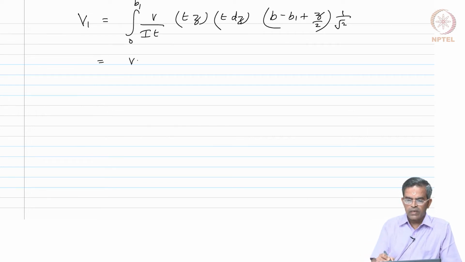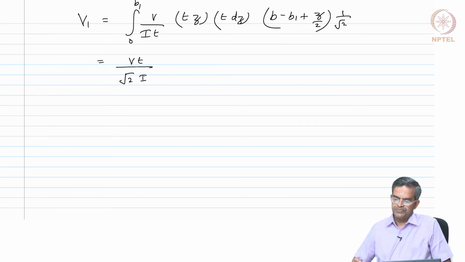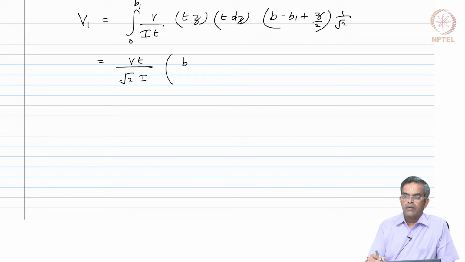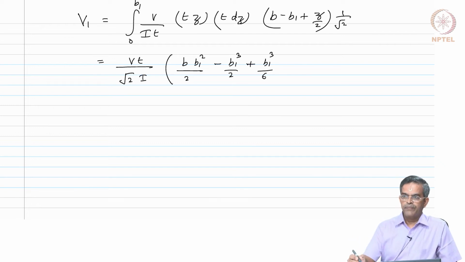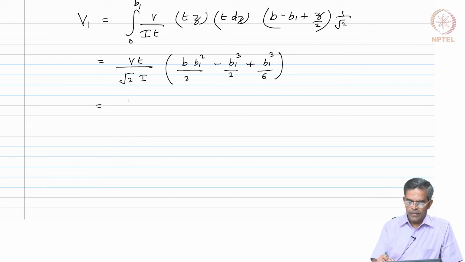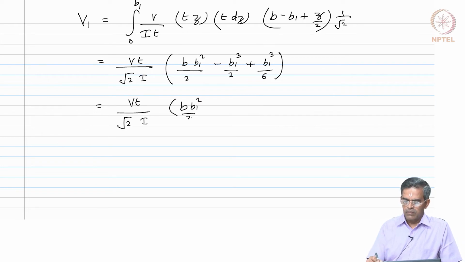Integrating and substituting the limits, we get Vt by root 2I, B B1 square by 2 minus B1 cube by 2 plus B1 cube by 6, okay, which will now become Vt by root 2I, B B1 square by 2 minus B1 cube by 3.